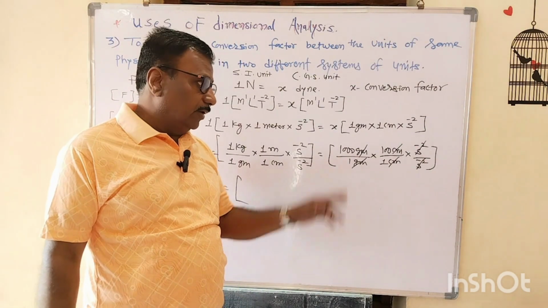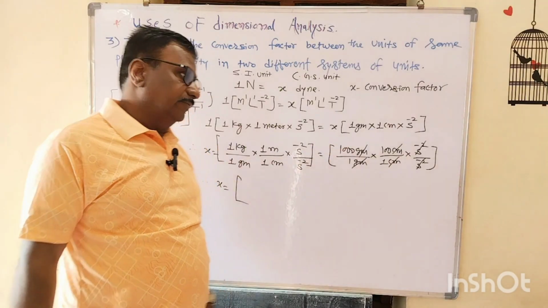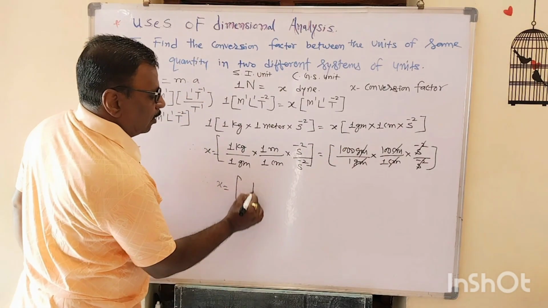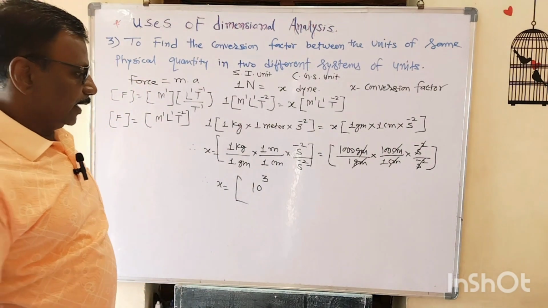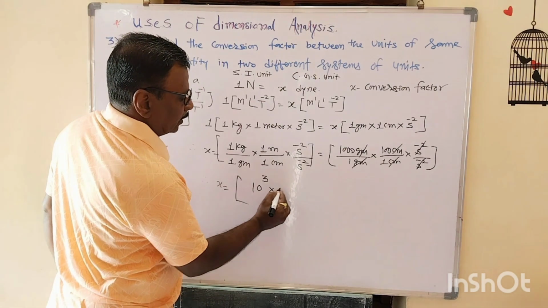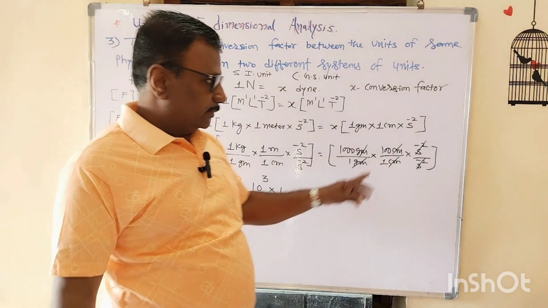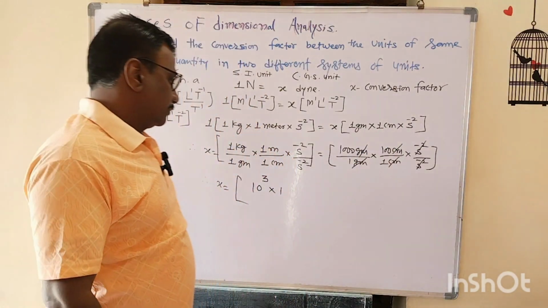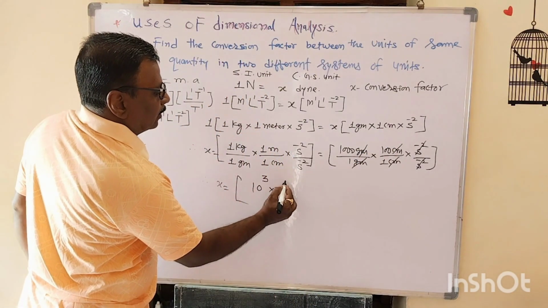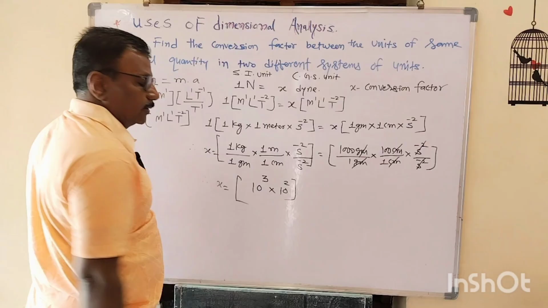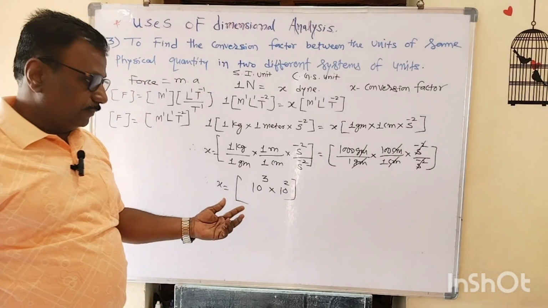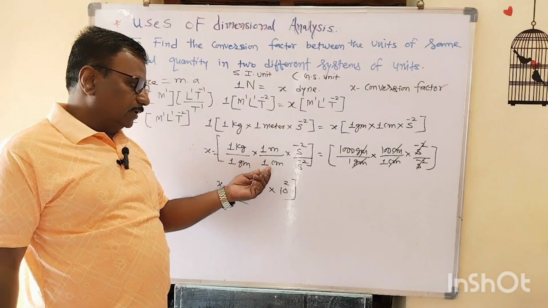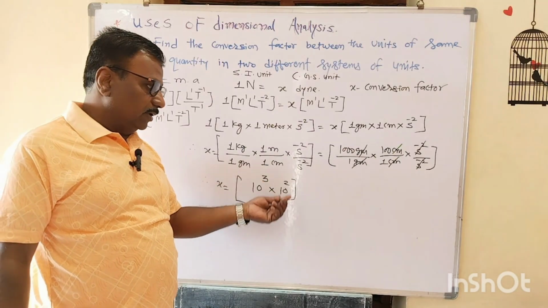1000. 1000 can be written in indices form as 10 to the power 3 into 100. 100 can be written as 10 to the power 2. So we get x equal to 10 to the power 3 multiplied by 10 to the power 2.